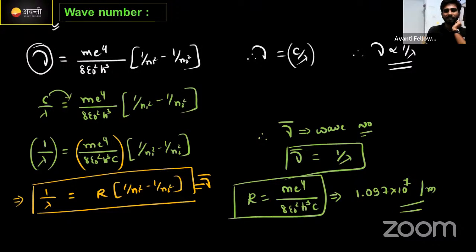Clear now? I have one curious question here. What is the dimensional formula for Rydberg constant?